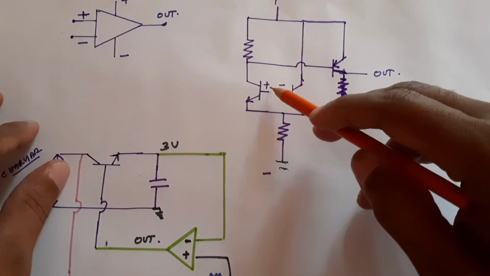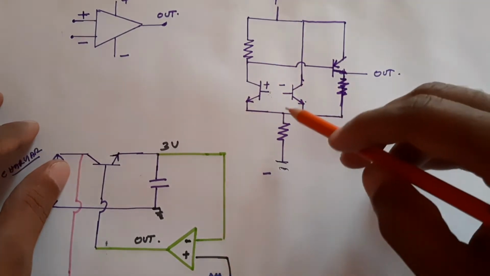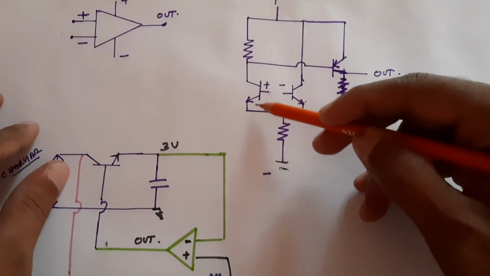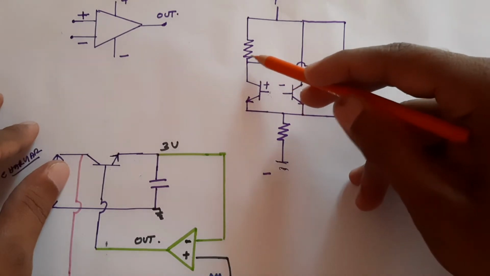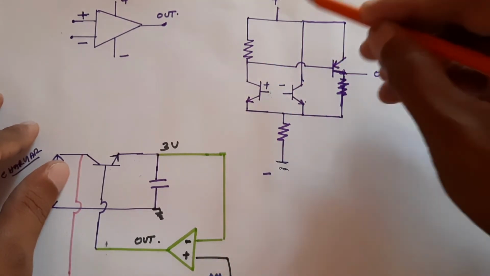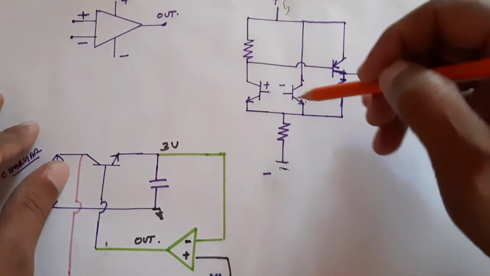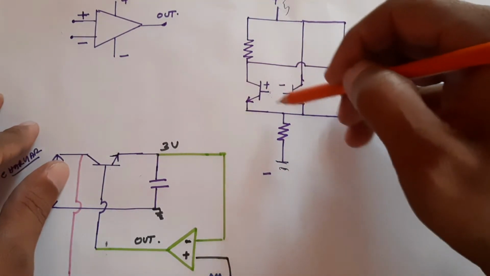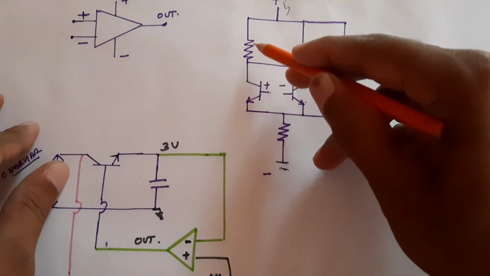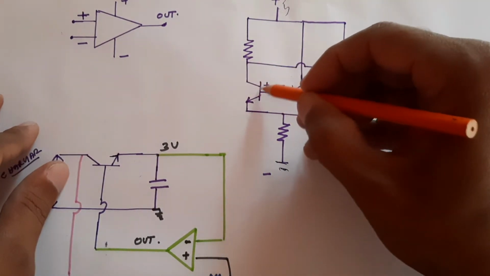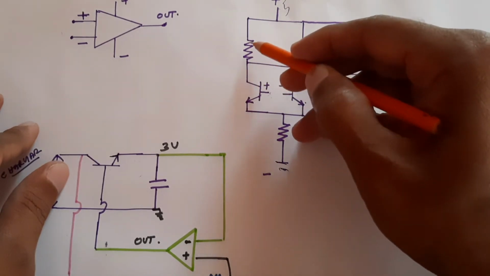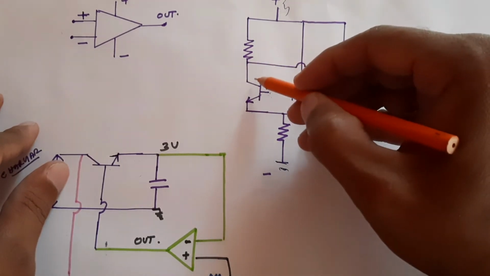The base is more positive, so electrons from the ground pass through the transistor and through the resistor to the positive side. If we are giving 5 volts, it is going like this. Then this becomes a resistor, and these two also become resistors.